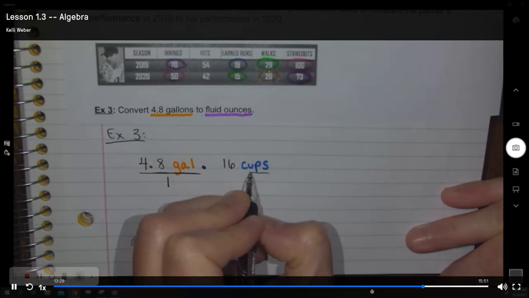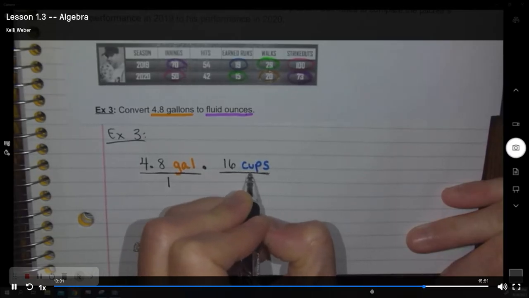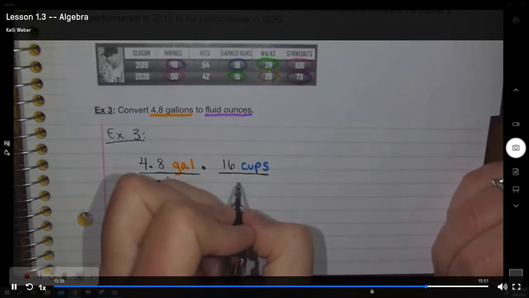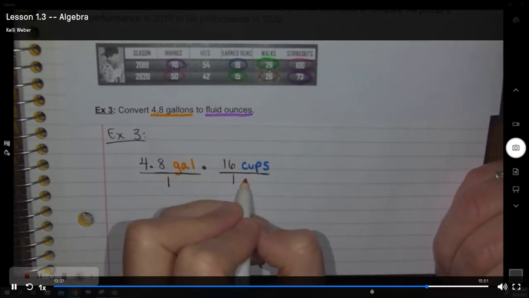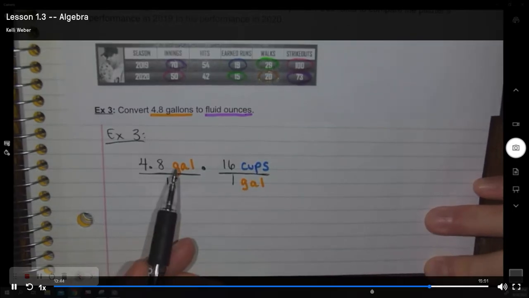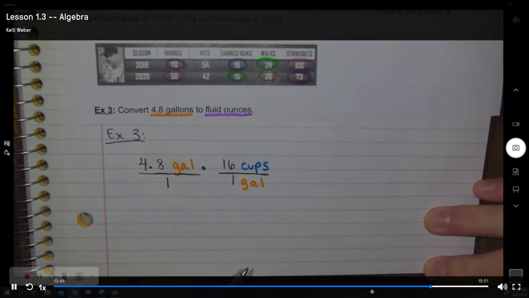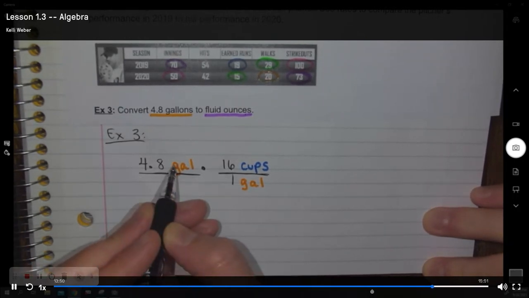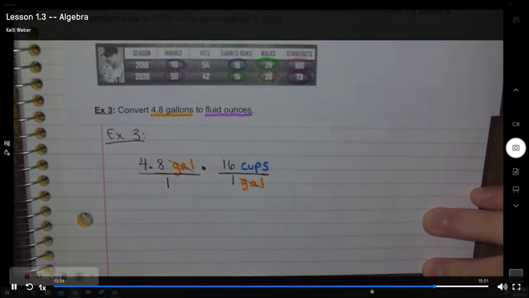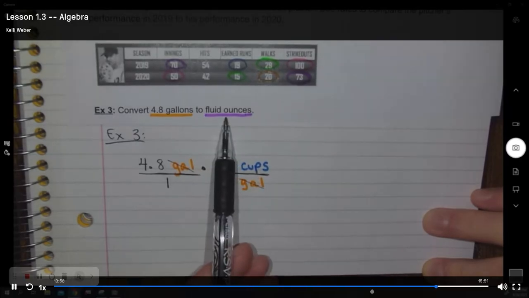So 16 cups per, remember fraction means per, means division, 1 gallon. Those of you who cross reduce your fractions, this is going to be very helpful, because our gallons are diagonal from one another, so they can cross cancel one another. So now I'm left with cups, but I'm not trying to find cups.